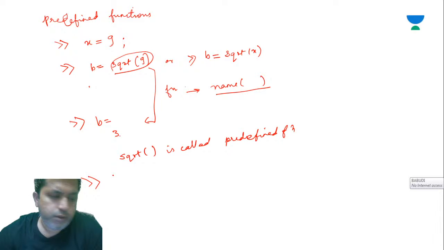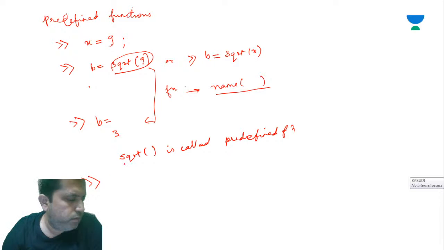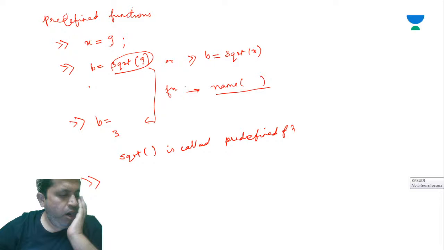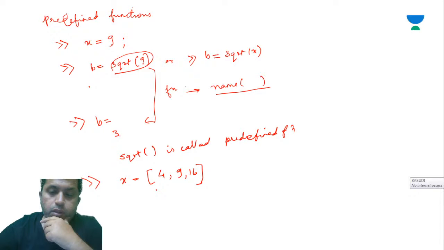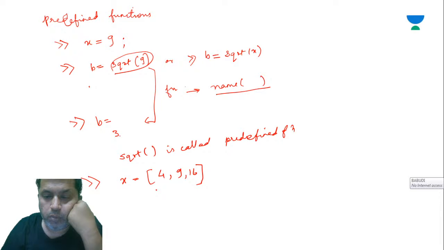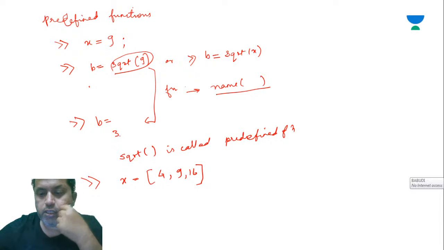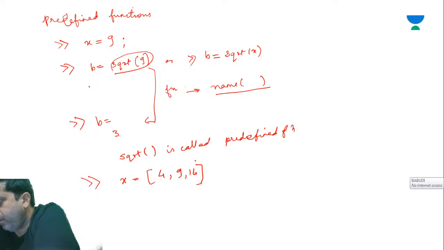Let us see with the matrix. If I write 4 comma 9 comma 16, what is this? This is an array separated by what?